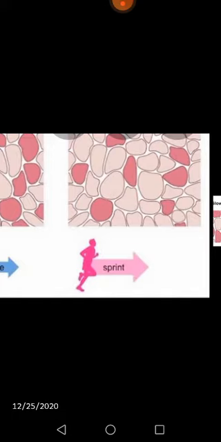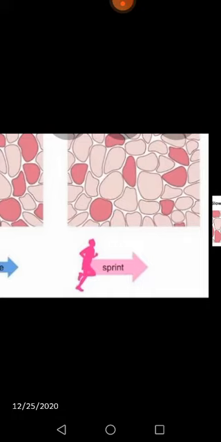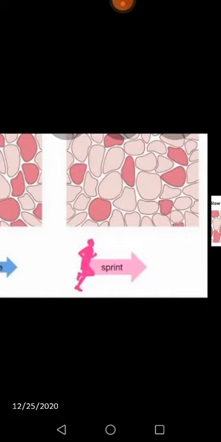They have few mitochondria, and energy is released quickly, anaerobically. Phosphorylation of ADP to ATP occurs without oxygen, so they have less myoglobin and contain raw ATP, and creatine phosphate is used instead of mitochondria to provide the energy.